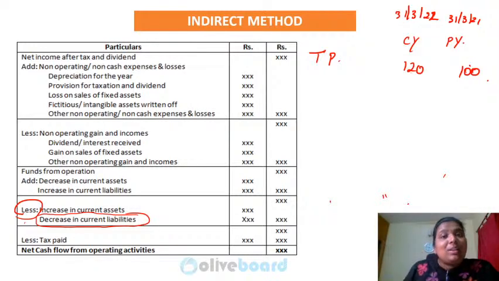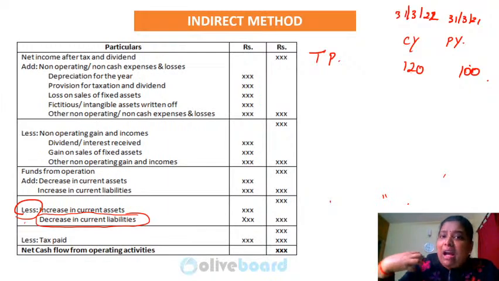So here what is happening? I am reducing my cash outflow. You're getting it? So this is reducing my need for money for running the business. I don't say that it is a saving or something. I can say that the pressure on my fund, the pressure on my working capital, will get reduced to that extent. My outflow will get reduced to that extent.